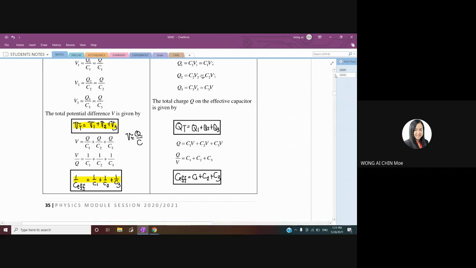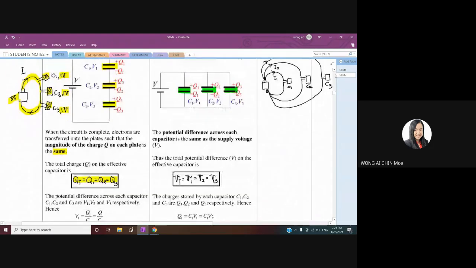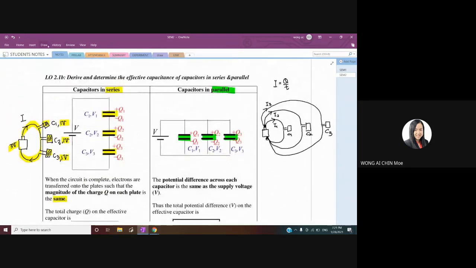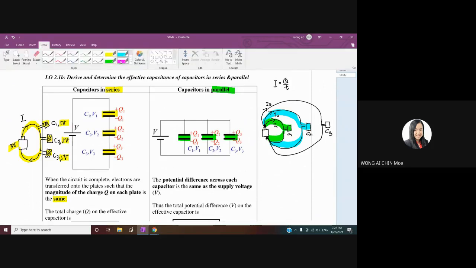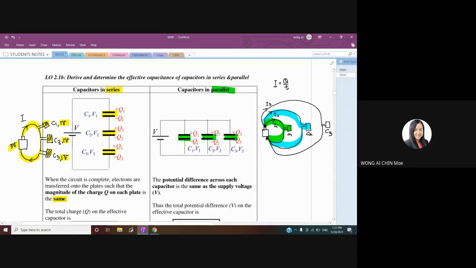Okay, next is the capacitor in parallel. If we connect it with real apparatus, one wire connects to one capacitor, and then we connect another wire directly from the battery or power supply to another capacitor. We also take another wire to connect the third capacitor.